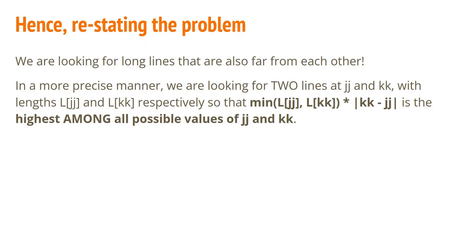So if we state this a little more precisely, we are looking for long lines that are also far from each other. More precisely, we are looking for two lines at jj and kk with lengths L[jj] and L[kk] respectively, so that the minimum of L[jj] and L[kk] times the absolute value of kk minus jj is the highest amongst all possible values of jj and kk.